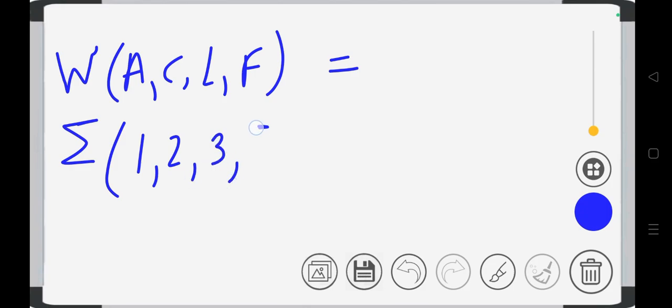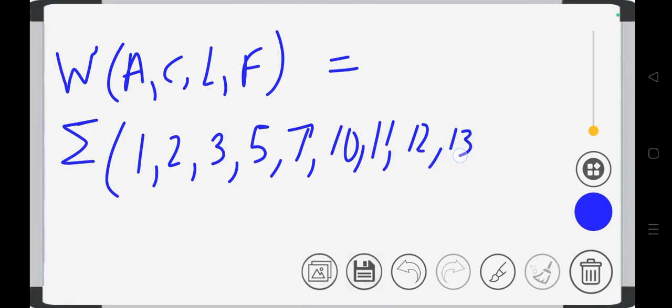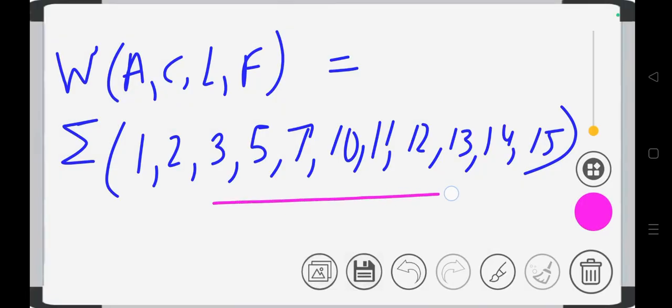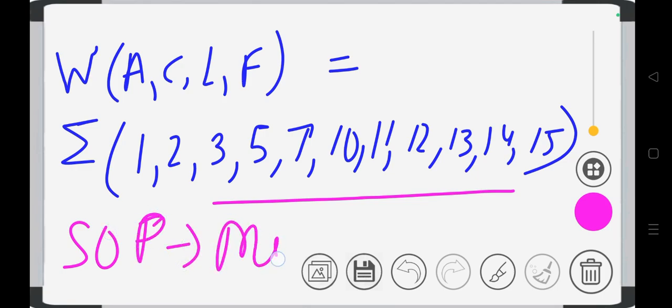Okay, 1, 2, 3, 5, 7, 10, 11, 12, 13, 14, 15, and that's all. Okay guys, so this is your final SOP expression. I hope I could explain it to you, and this is how we write SOP, or minterms, or sum of product expressions.